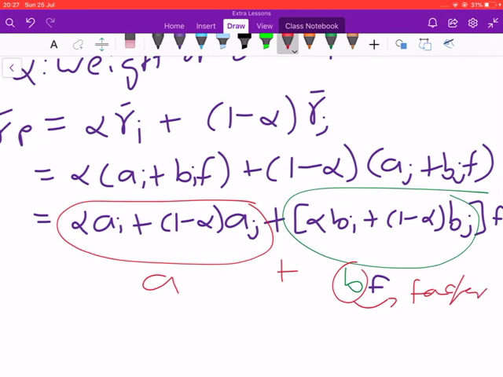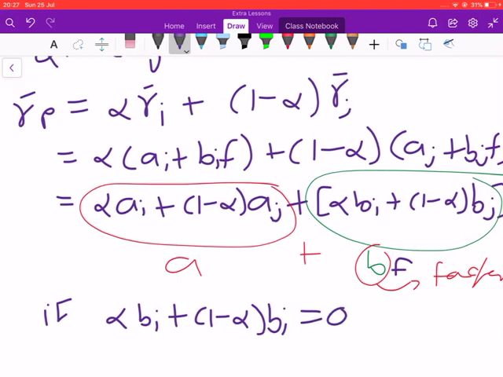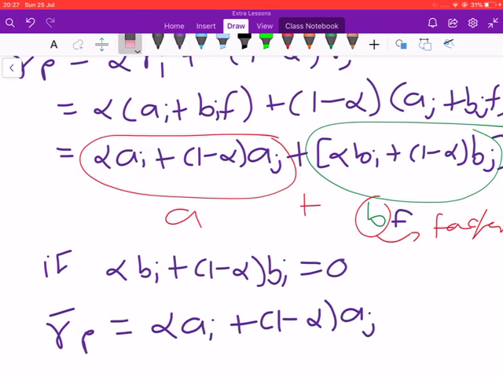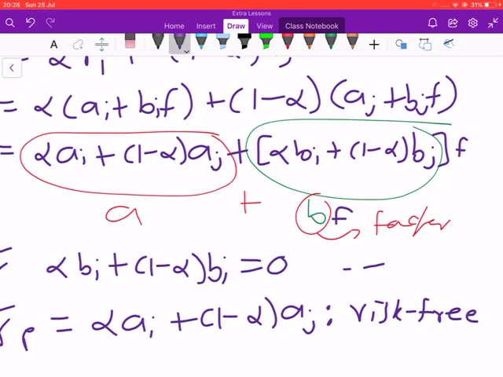If your factor loading is going to be 0, so this is if alpha BI plus 1 minus alpha BJ is going to be equal to 0, then our portfolio should be a risk-free asset, right? It should be risk-free.